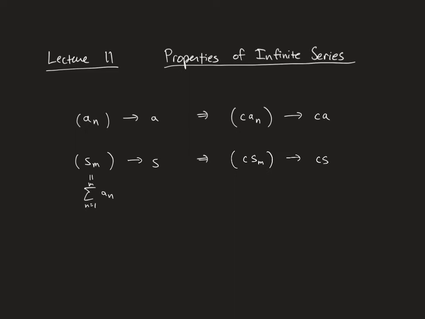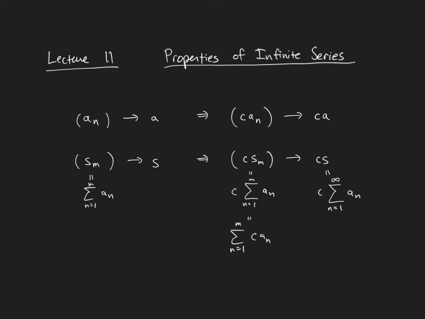And what is this C times the partial sums? Well, that's C times the sum from n equals 1 to m of a_n, right? But this is just a finite sum, so we can, of course, distribute that C over the sum. So this is just the sum from n equals 1 to m of C a_n, right? And what is this CS? Well, that S, normally we would write that as the sum from n equals 1 to infinity of a_n, right?